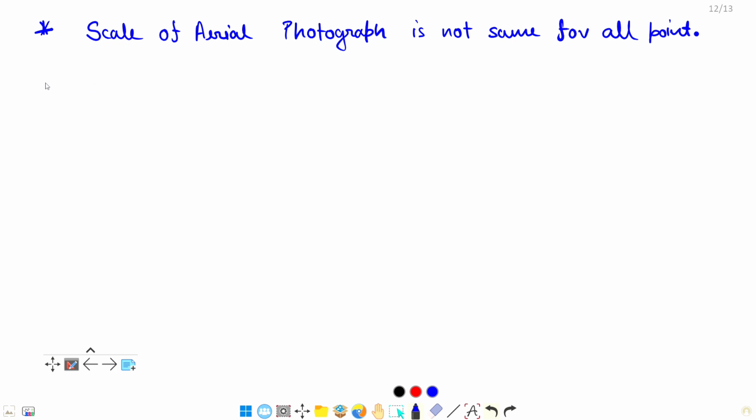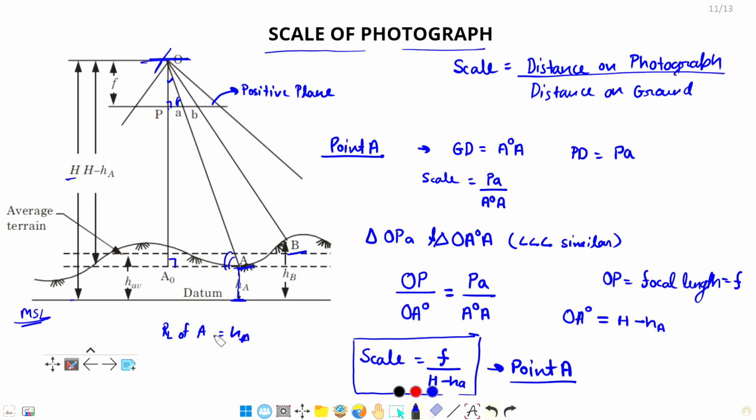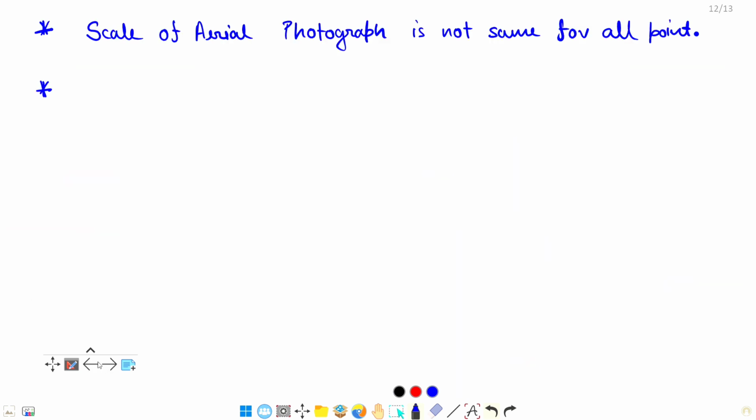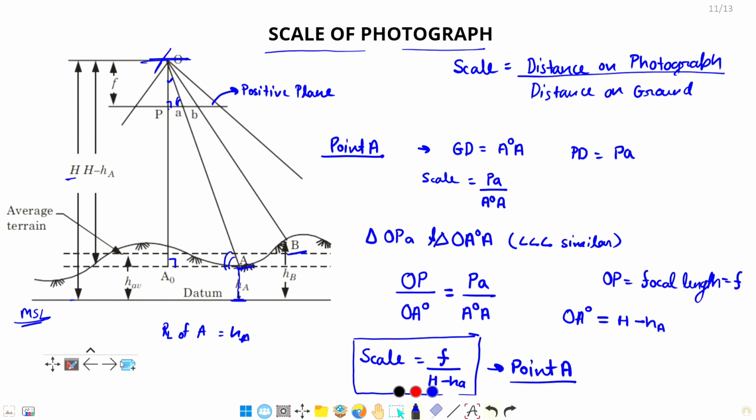Now the next point. For example, if we are talking about a plane which is little undulating, little undulating means the undulation of the Earth's surface is very less. Every point is at the same height. For example, we are talking about a plane which is having all the points at the same height.